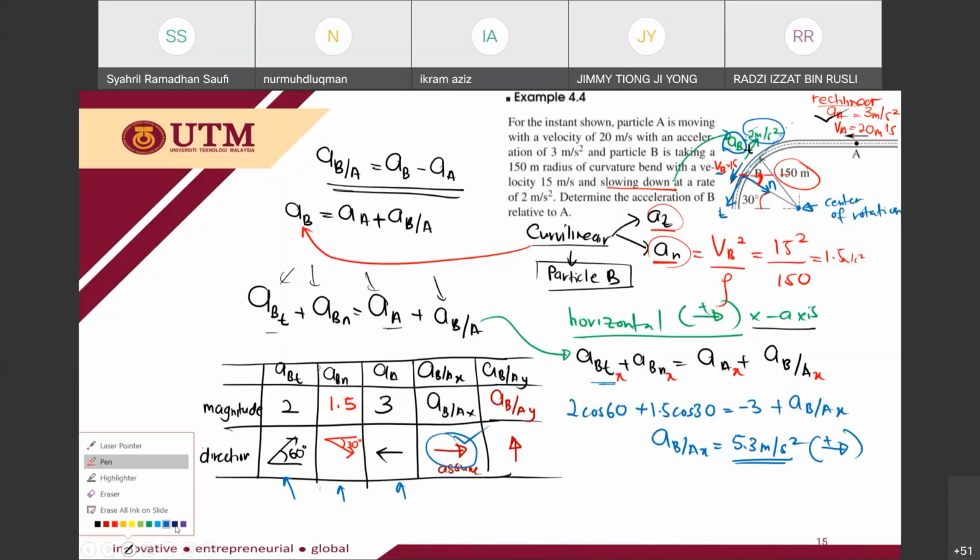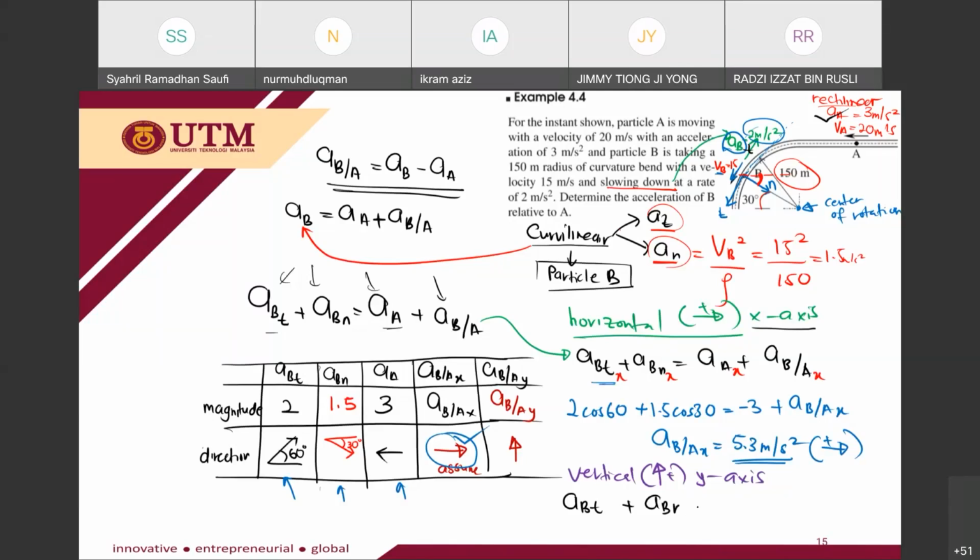Then we go on to the vertical component, upward positive y-axis. We still base on the general equation, which is acceleration of B tangent plus acceleration of B normal is equal to acceleration of A plus acceleration of B relative to A. Since we do on the y-axis, you just put y here.